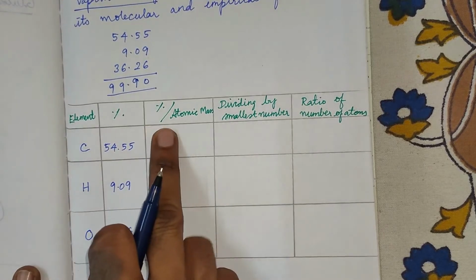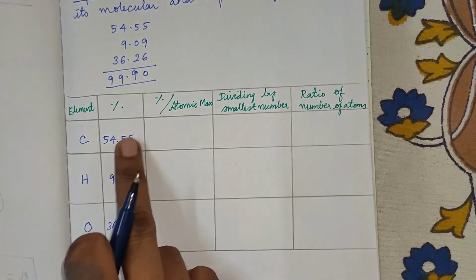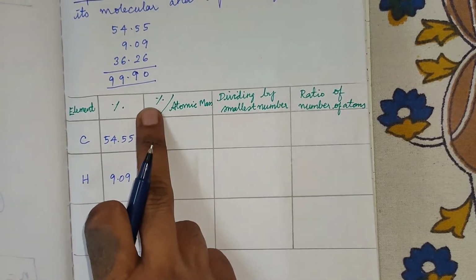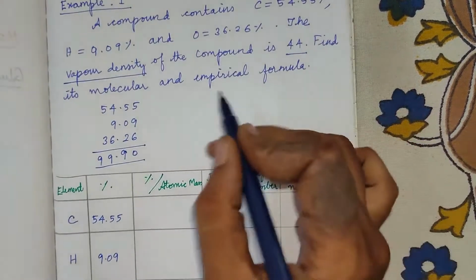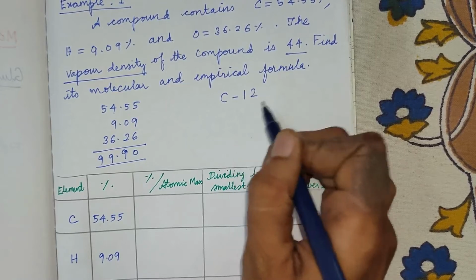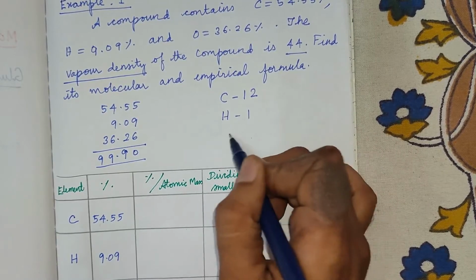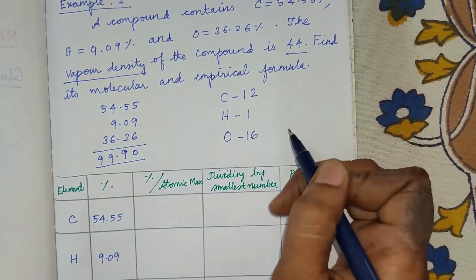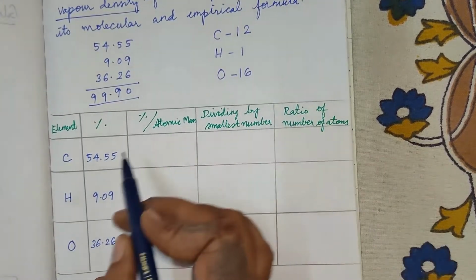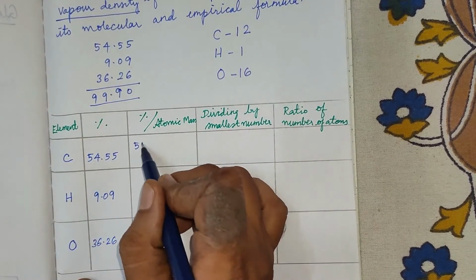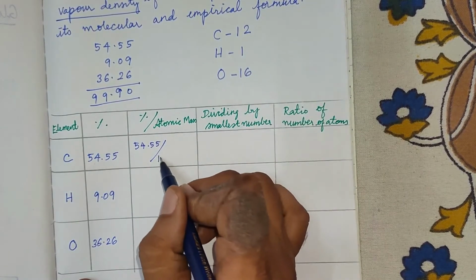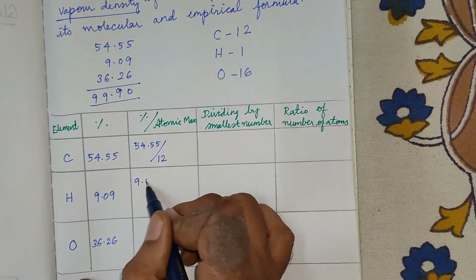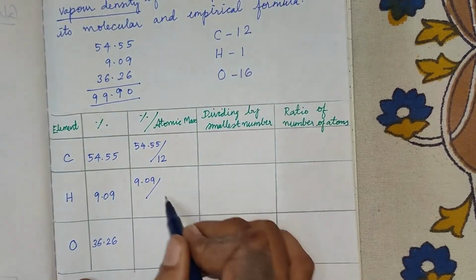Now the next column: the percentage is given here, and I am going to divide the percentage by the atomic mass. The atomic mass of carbon is 12, for hydrogen it is 1, and for oxygen it is 16. For carbon, 54.55 divided by 12. For hydrogen, 9.09 divided by 1.